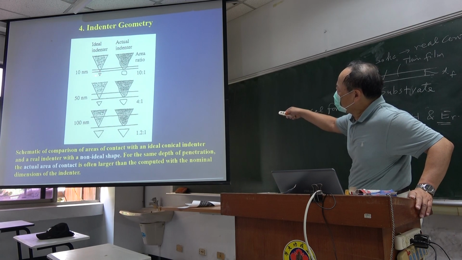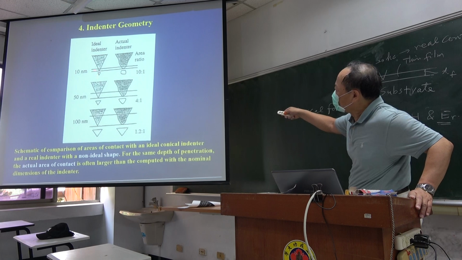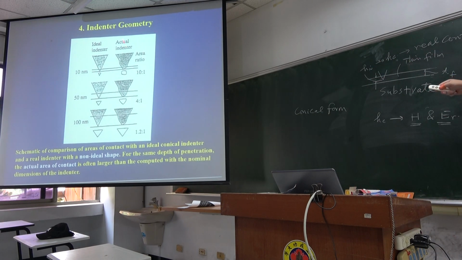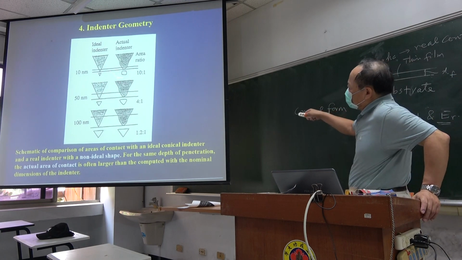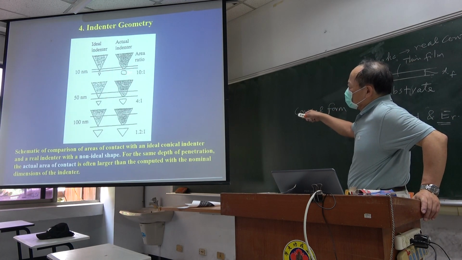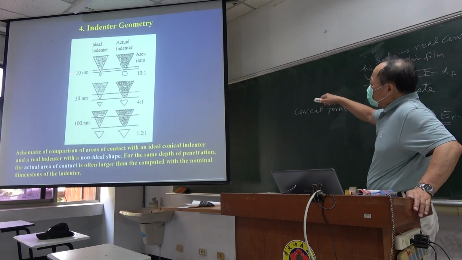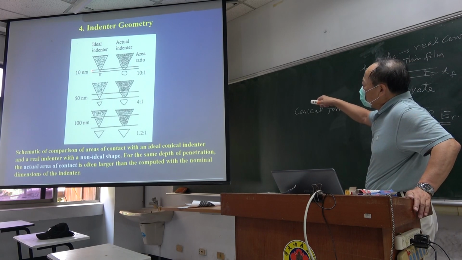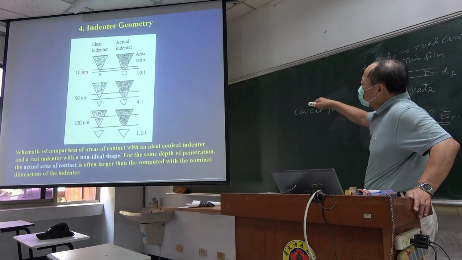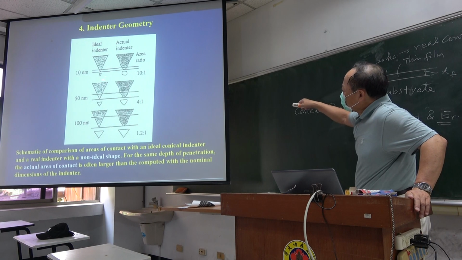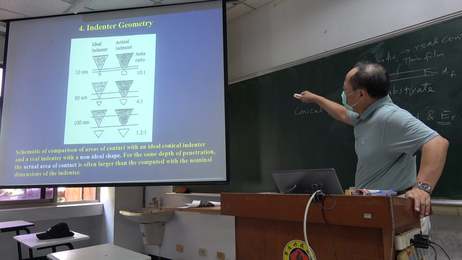It's just a regular triangle. But created by your actual indenter, maybe it is this one. So at the 10 nanometer indentation depth, the real contact area from the ideal indenter is this form, and the area created by the actual indenter is this form.